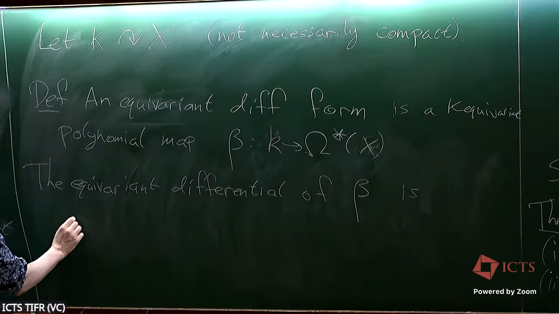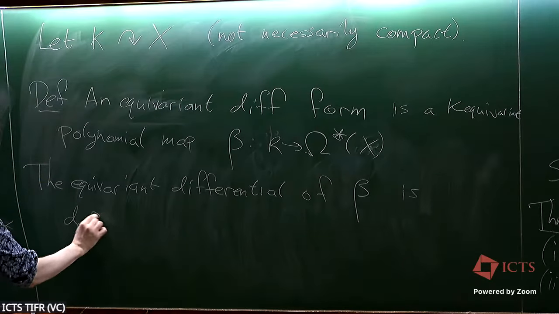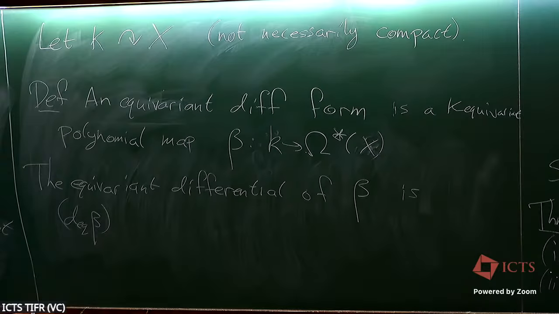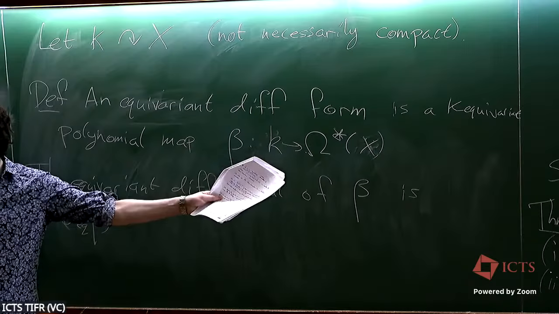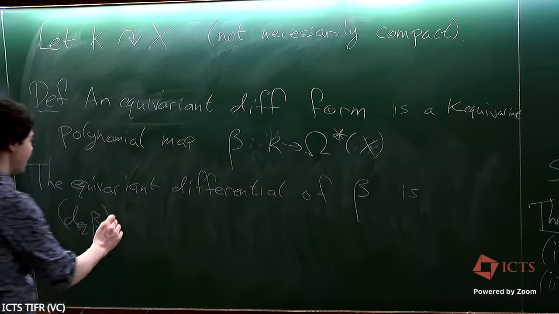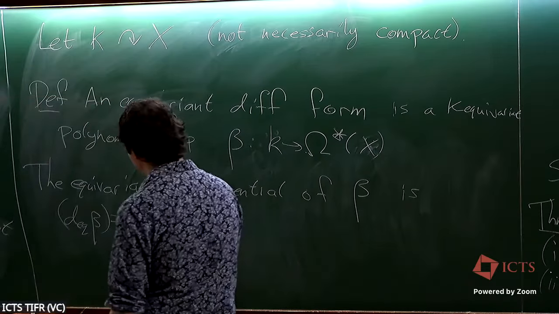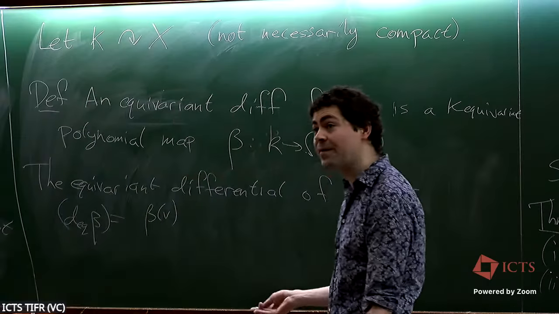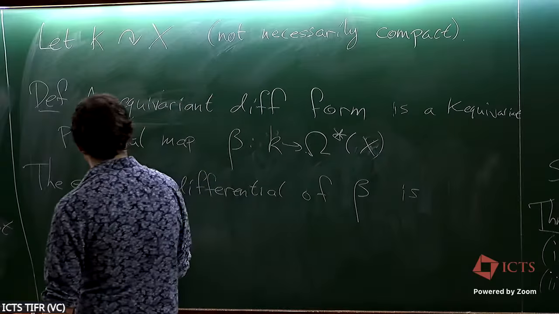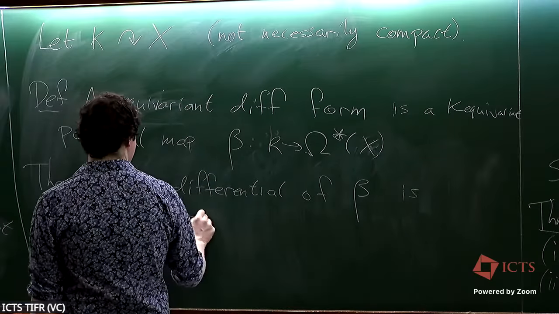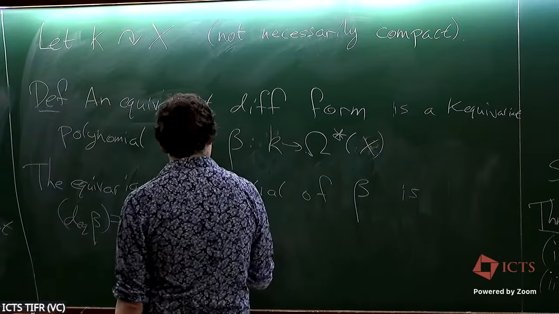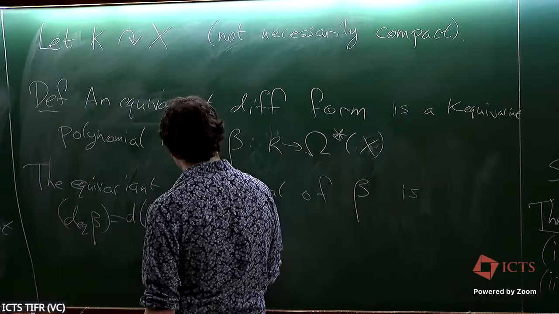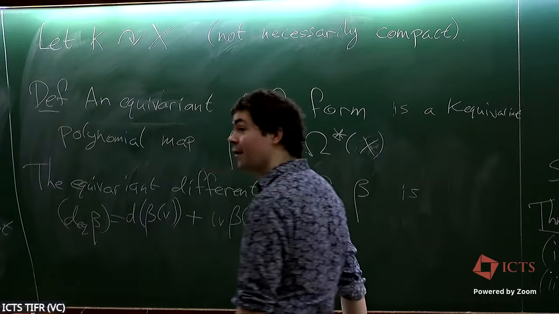What do we want? d_X of beta, to get a new equivariant differential form, what we want to do is take an element of the Lie algebra and get back more differential forms. And we can do that, much like the moment map calculation, in two ways. First of all, beta v is itself a sum of differential forms of varying degrees, and we can take the differential of that. On the other hand, beta v, again, is some differential forms, and we can take the interior contraction of that. So we sum these up.